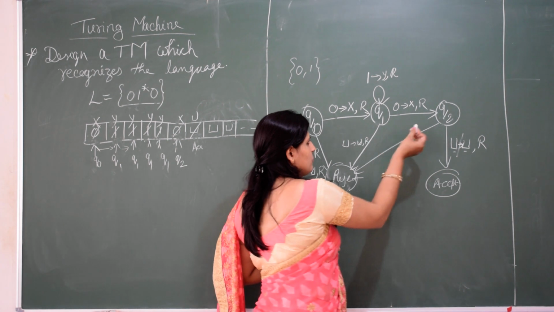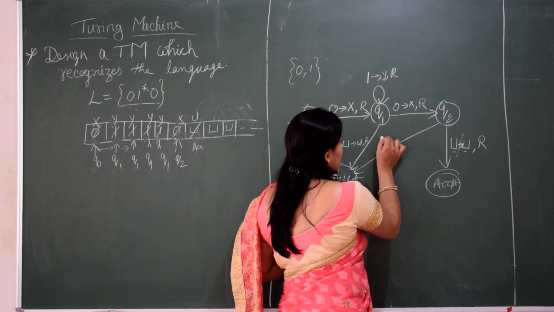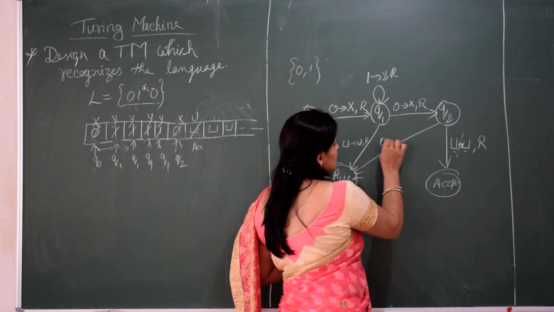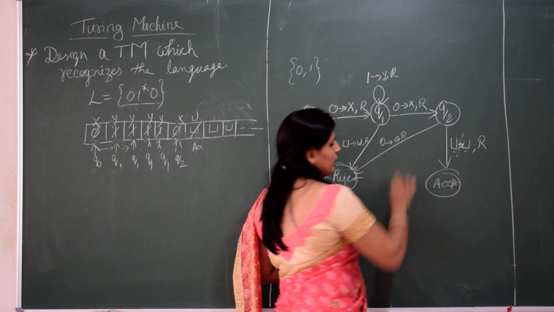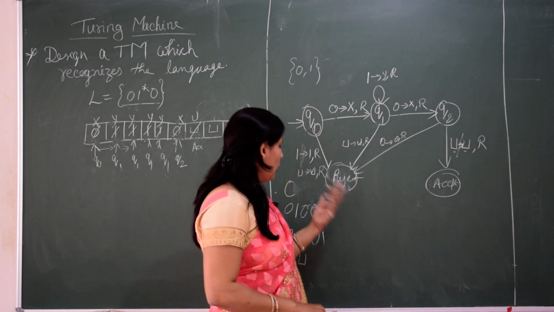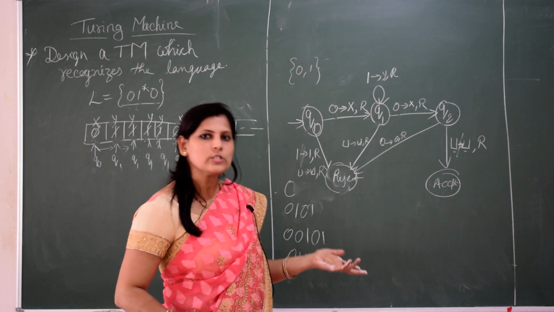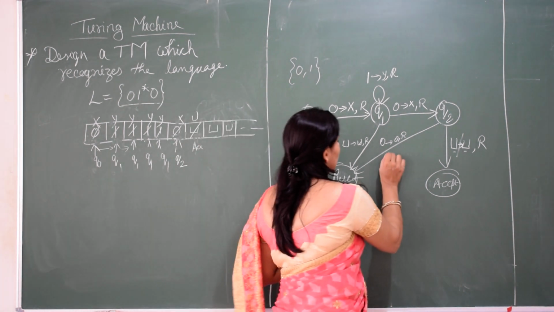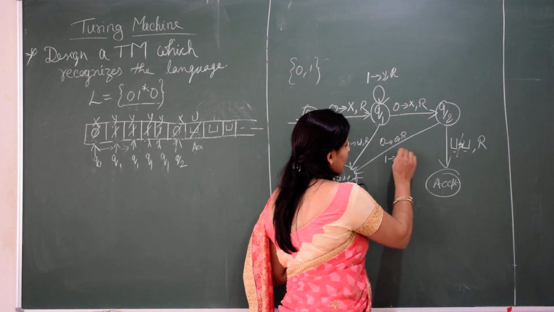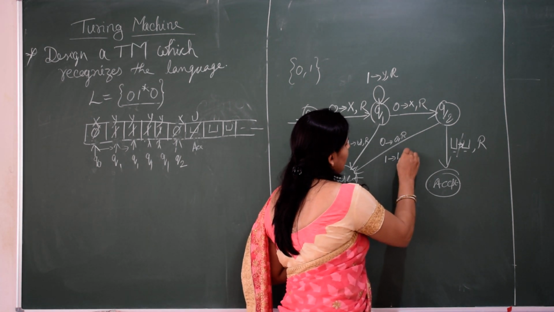So what we will write: if one more 0 comes, we leave it as 0 only and move right. Or else, if instead of 0, 1 comes, it also should not accept, so we write that if 1 is read, we leave it as 1 and move right.